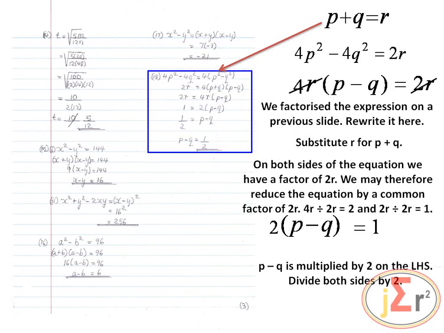Need to keep the equation balanced. Divide by 2 on both sides. Therefore, eliminate the 2 from the left hand side by division, and we will also divide by 2 on the right hand side to keep the equation balanced. Then these 2 will be eliminated, and we have p - q, and on the right hand side we have a half.